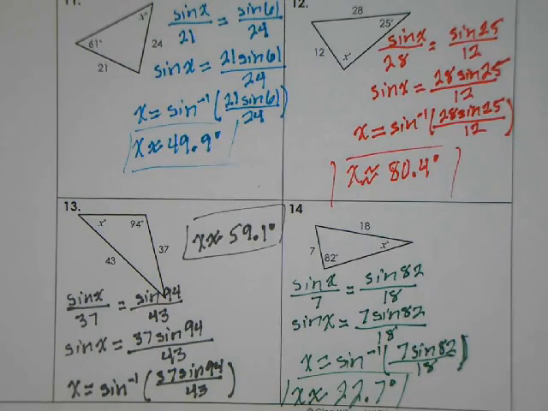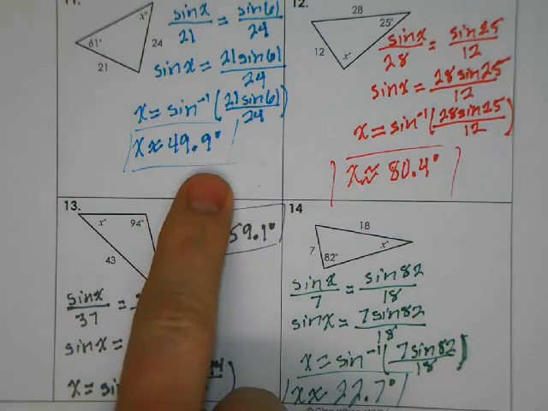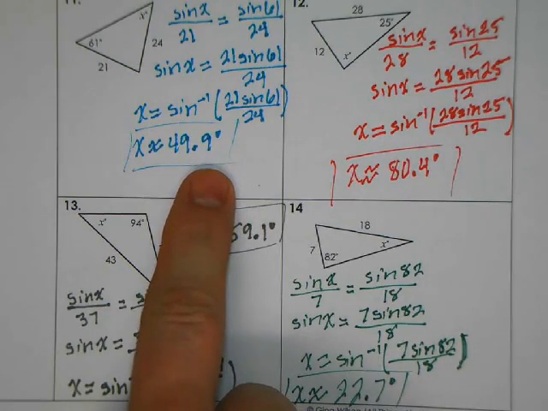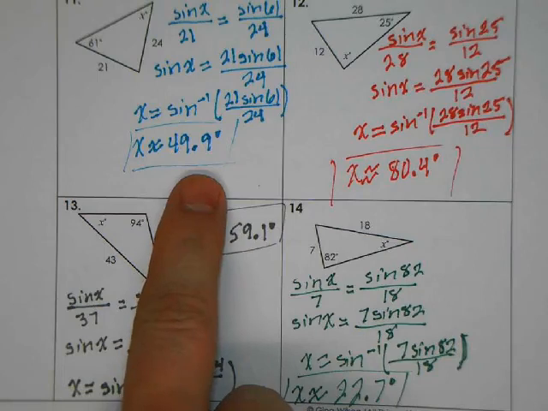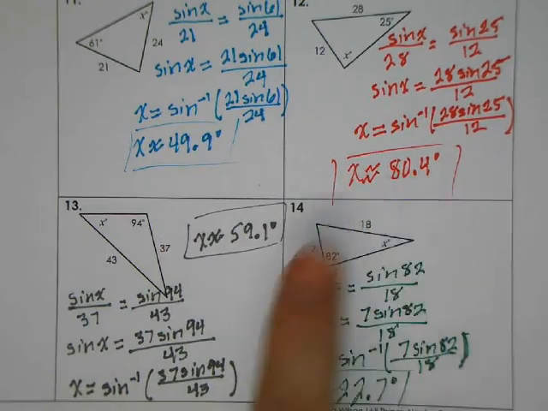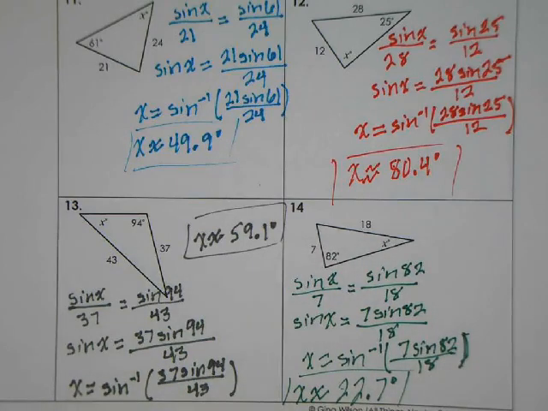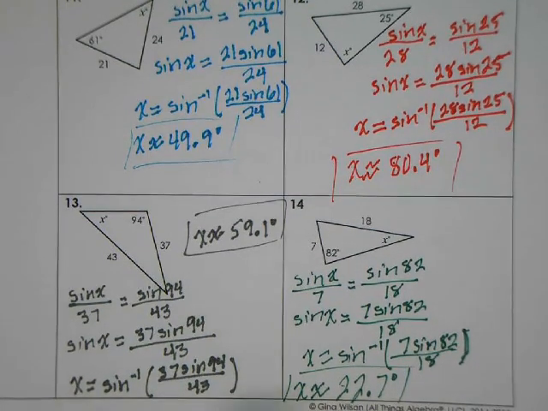You should be rounding appropriately, rounding up or rounding down, depending on what number came to the right of the first decimal value. So here I'm getting just under 50 degrees, a little bit over 80. This one I got just over 59 degrees, and the last one about 22.7 degrees.